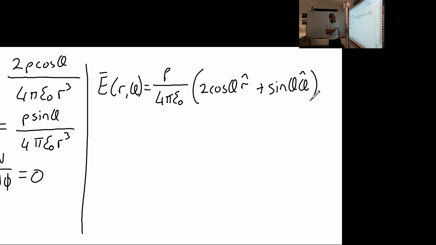Okay, so this is the electric field for our dipole.